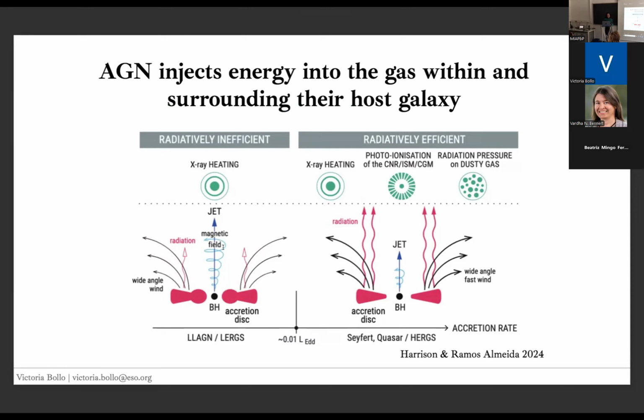These AGNs are usually low luminosity AGNs, and they're caused by X-ray heating. On the other hand, we have the radiatively efficient AGNs, which are usually brighter, and they can be caused by several injections of energy, for example, X-ray heating, photoionization of the gas, or radiation pressure on dusty gas.